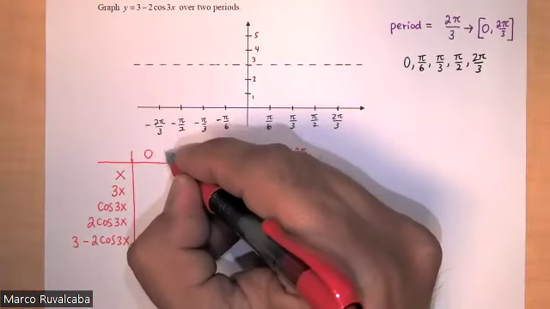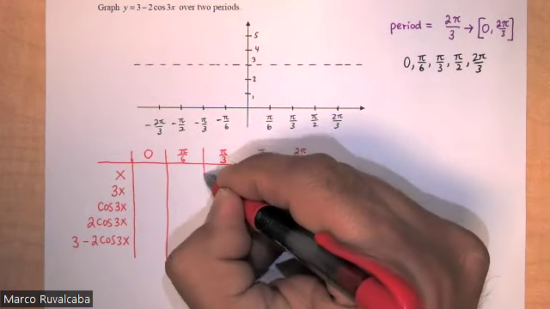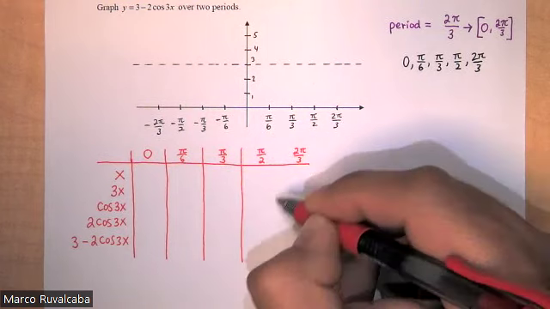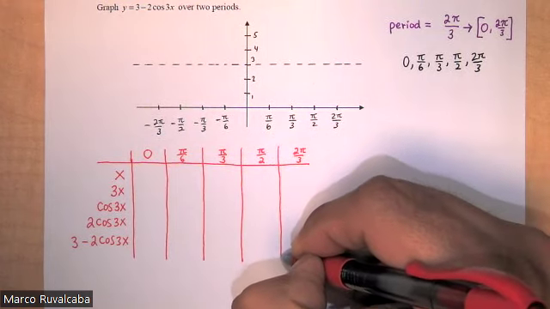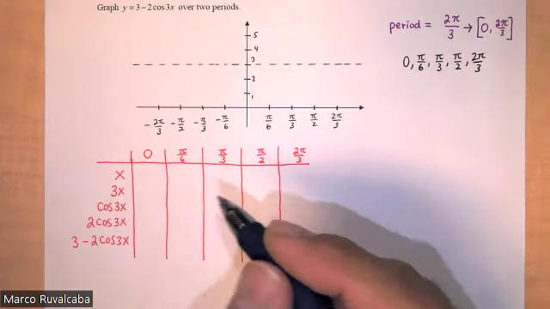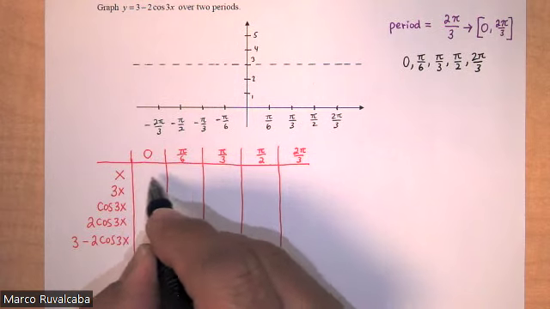Okay, let me make the boundaries here. And I should have put those values already there for x.